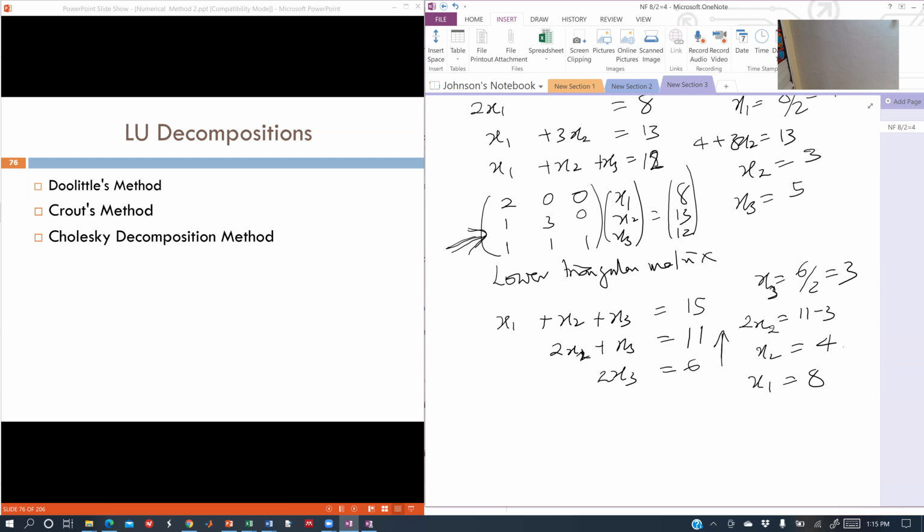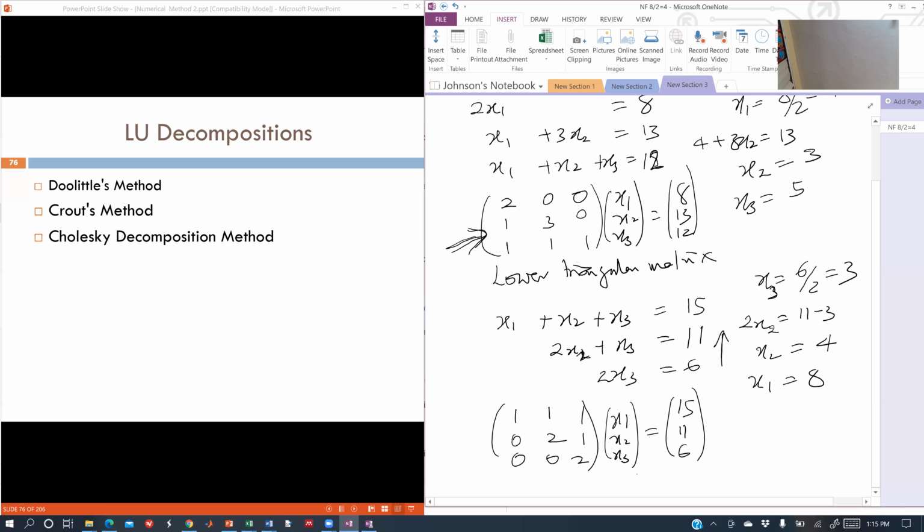And what kind of system is this? This is a system that can be put in the form 1, 1, 1, 0, 2, 1, 0, 0, 2, times x1, x2, x3, is equal to 15, 11, 6.